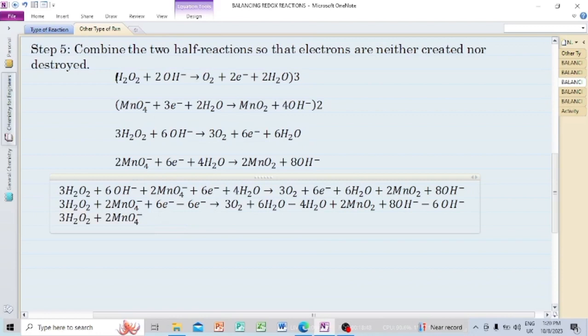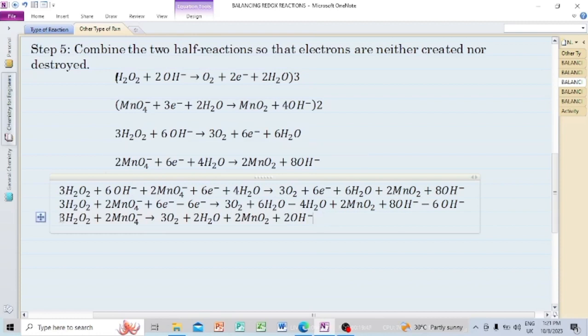This will yield 3O2. 6H2O minus 4H2O is 2H2O, plus 2MnO2, and lastly 8 hydroxide ion minus 6 hydroxide ion is 2 hydroxide ion, plus 2OH negative.